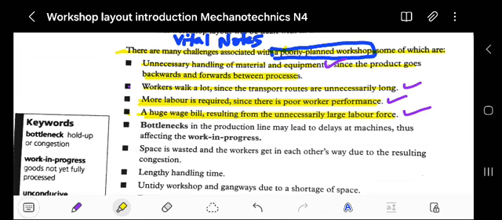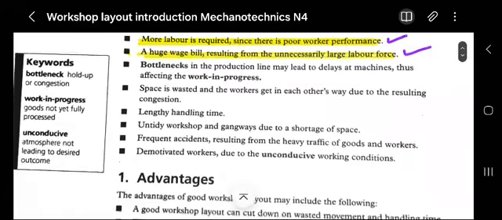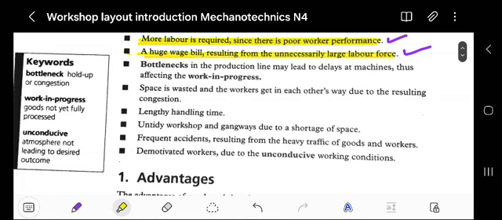So right here we have a bottleneck. What does a bottleneck do? What is a bottleneck? It holds things up.